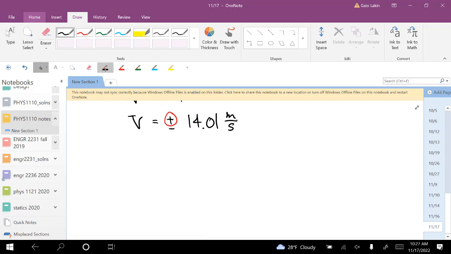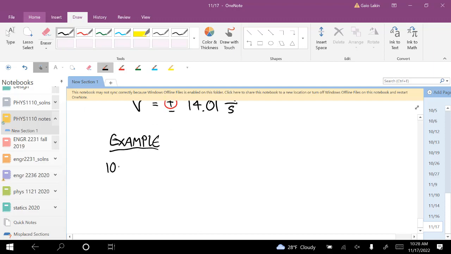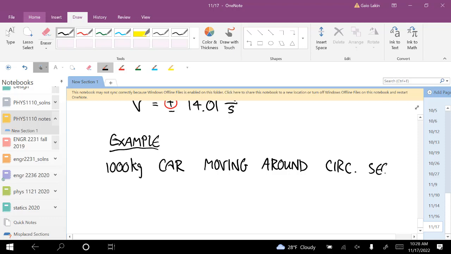Okay, I'm going to do another uniform circular motion problem. So let's say we have a 1,000 kilogram car moving around a circular section of a track at 30 meters per second.